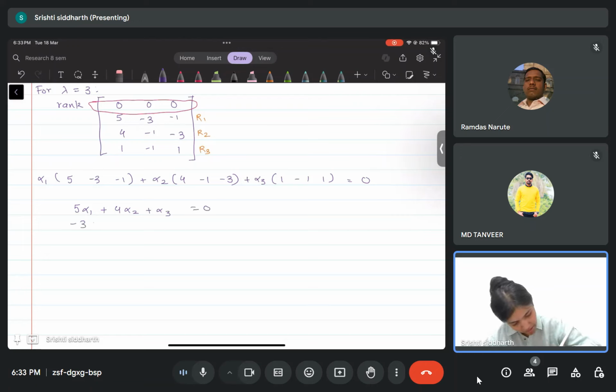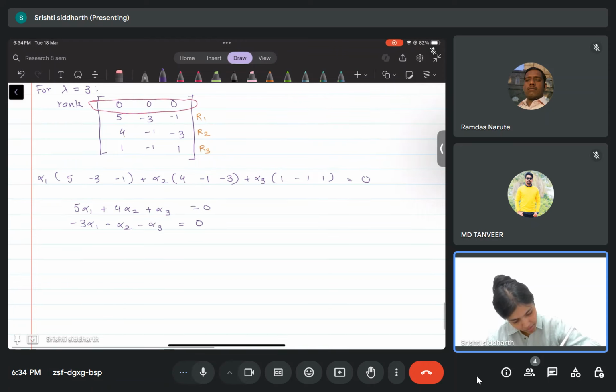Then we have minus 3 alpha 1 minus alpha 2 minus alpha 3 equals 0. So we have 3 equations and 3 unknowns. We need to find if alpha 1, alpha 2, alpha 3 are 0 or not.